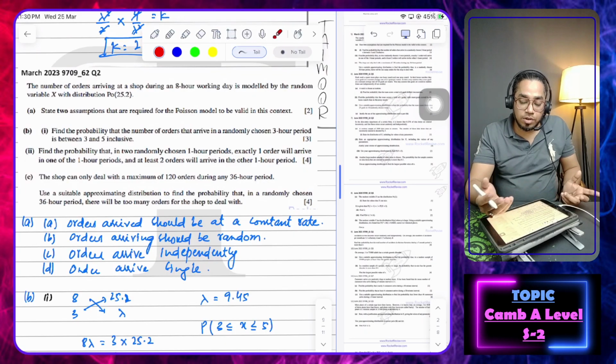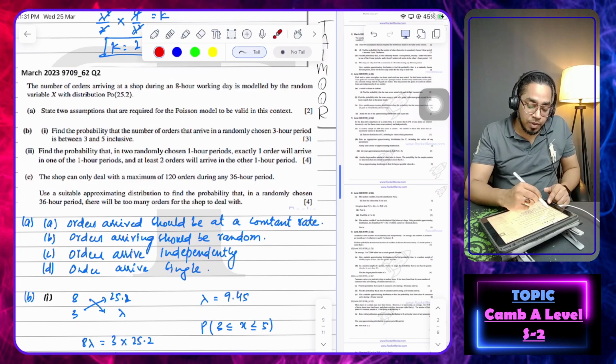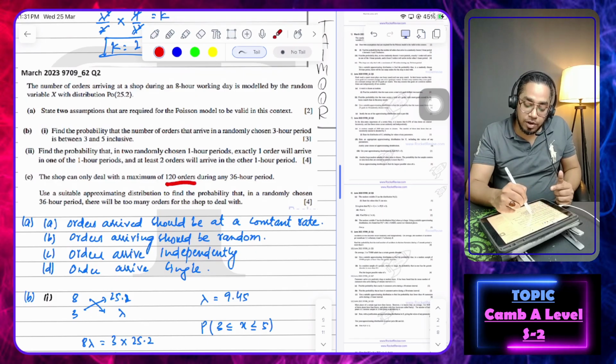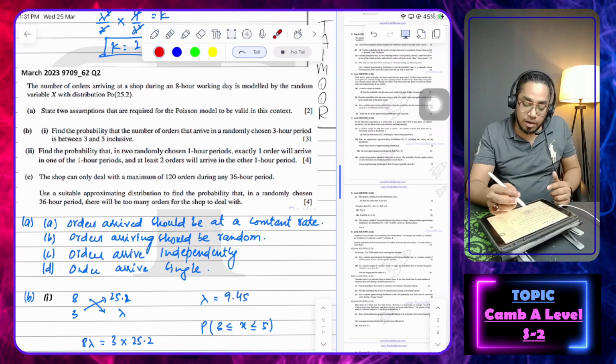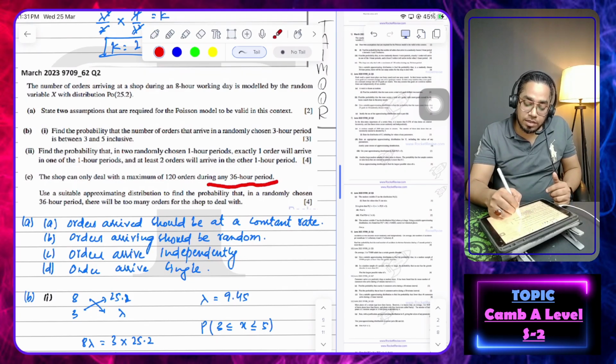This is the same thing for orders. The shop can only deal with a maximum of 120 orders. That will be the n during any 36-hour period.